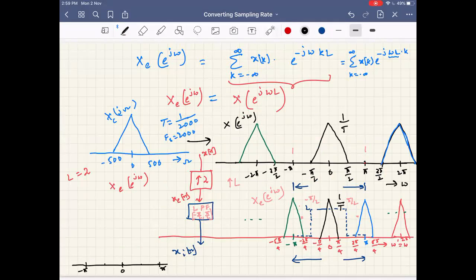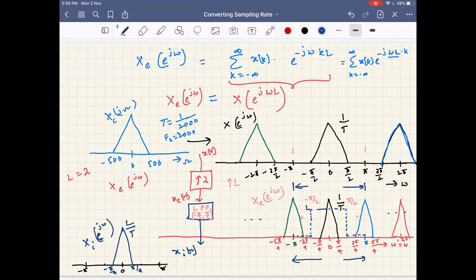So the spectrum is simply there between minus pi by 4 to pi by 4. That's all. The spectrum has a height, since it is obtained through a low pass filter with a filter gain of L, so the height is L by T, and this is x_i of e power j omega.